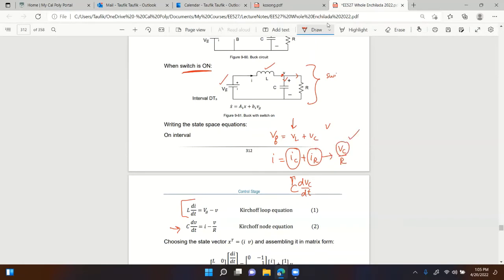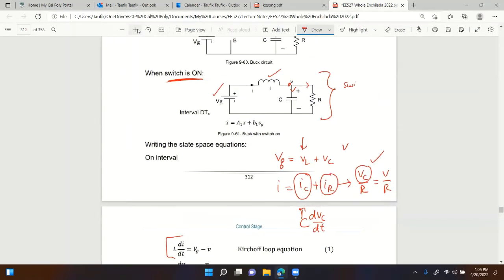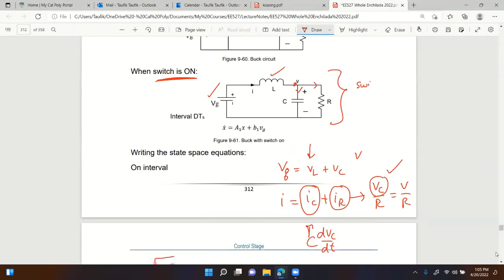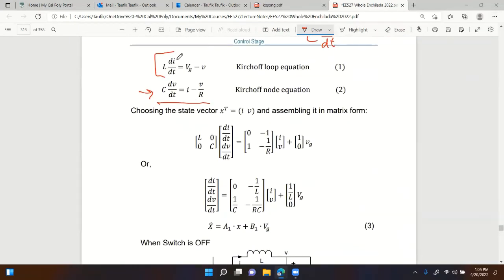But VC is equal to V, so based on the KCL, I get C dVc dt equals I minus V divided by R.